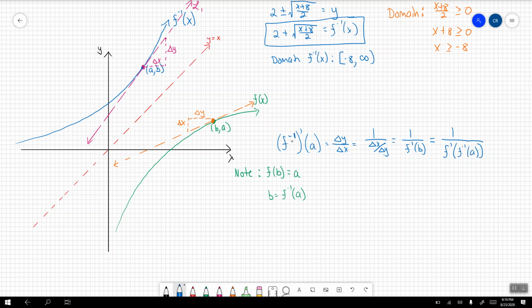Which means if we want to find the derivative of f inverse evaluated at a, all we need to do is find 1 divided by the derivative of the function evaluated at the inverse function of a.